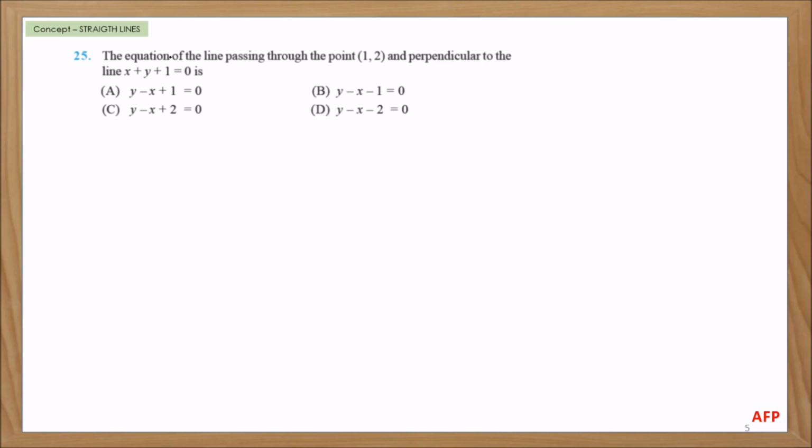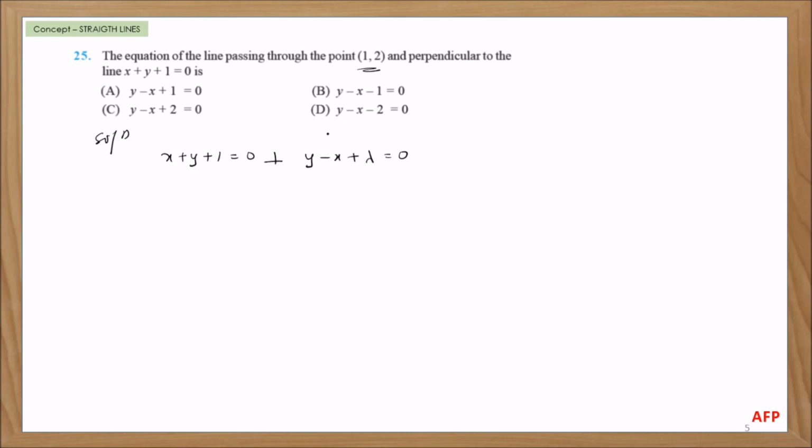Next question. The equation of a line passing through the point and perpendicular to the line x plus y plus 1 is equals to 0. So the line perpendicular to this is y minus x plus lambda is equals to 0.